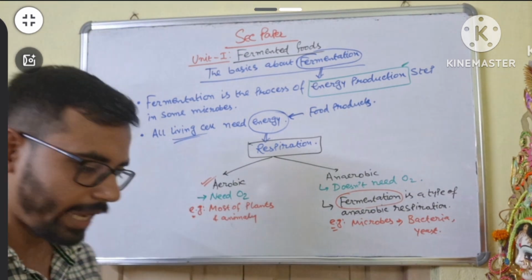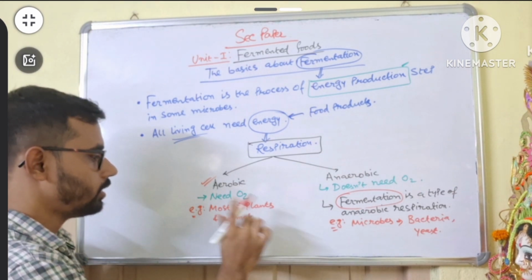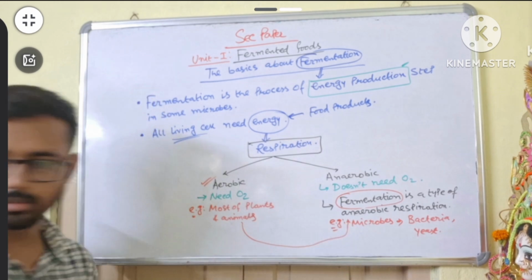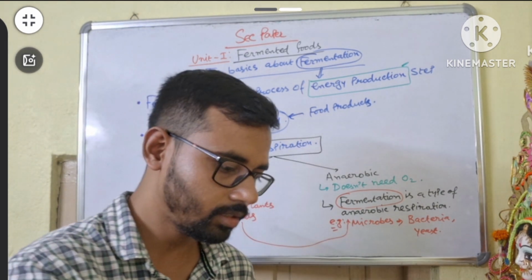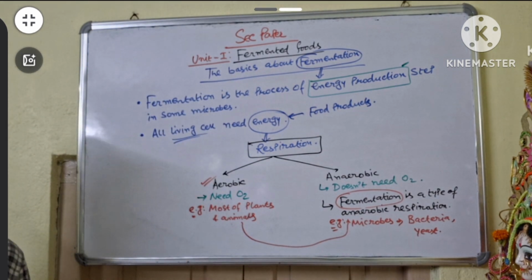Did you know that sometimes animal cells in some situations do anaerobic respiration, that means fermentation? Can you give some example? When athletes, Olympics are going on. Athletes require energy for the 100-meter race, for sprinting.